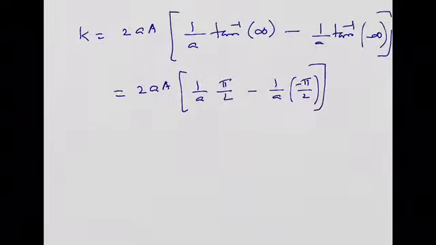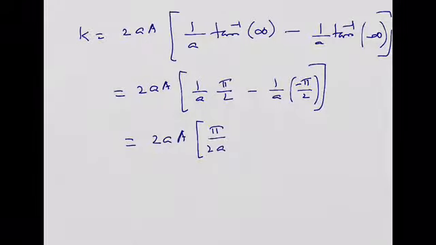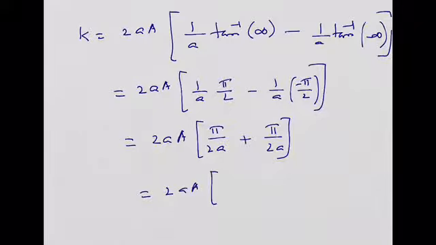So this becomes simply equal to 2a multiplied by how much it is? Pi by 2a plus pi by 2a, isn't it? So this becomes finally 2a capital A multiplied by simply pi by a, or the final result could be written as 2 pi A. The constant k in X of j omega can be written like this.